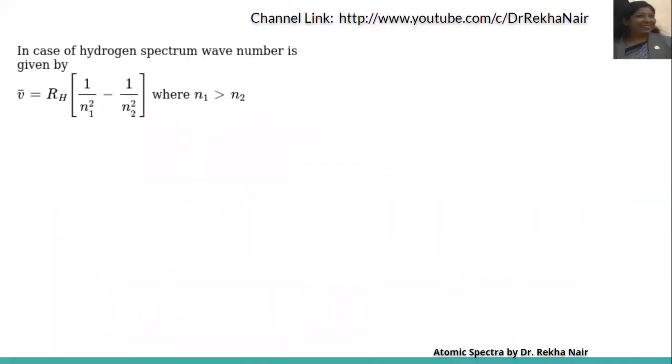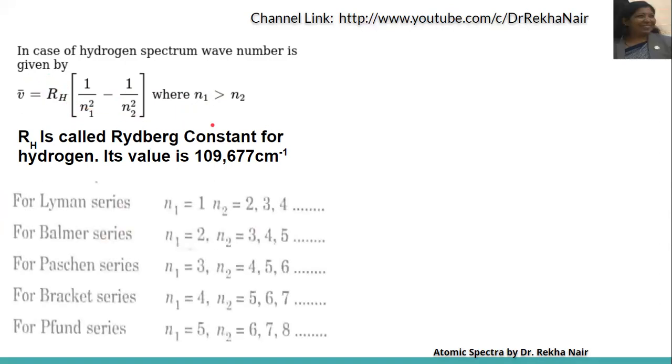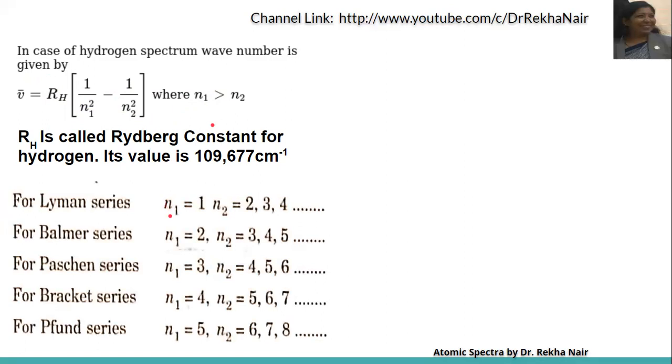In case of the hydrogen spectrum, the wave number is represented as nu bar equal to RH into 1 by n1 square minus 1 by n2 square, where n1 is less than n2. This RH is called the Rydberg constant for hydrogen, and its value is 109677 per centimeter. For the Lyman series, n1 is equal to 1 and n2 can be 2, 3, 4, 5, 6 or anything.